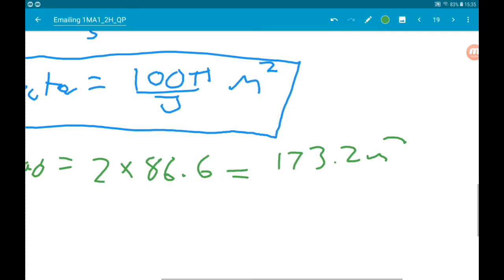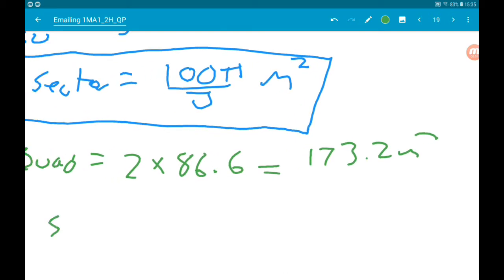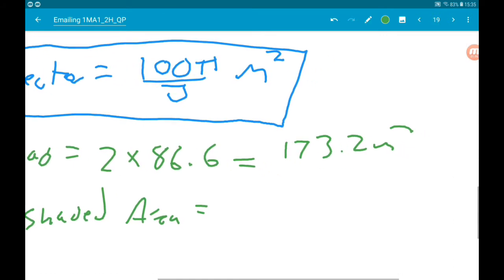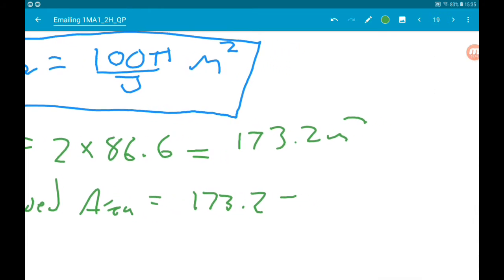So the shaded area is that, so 173.2 minus 100 pi over 3. So let's see what we get.